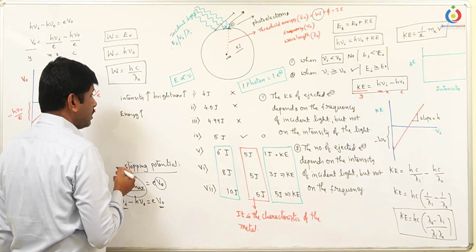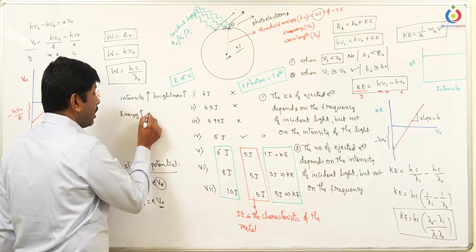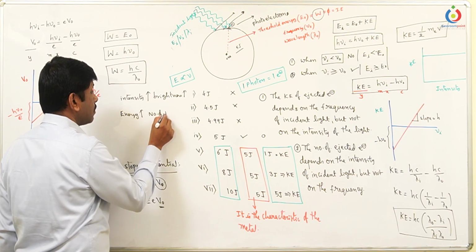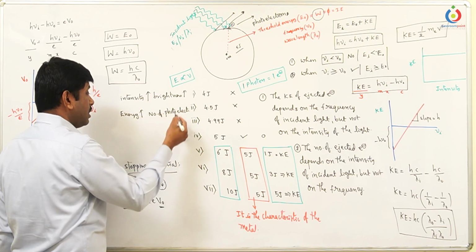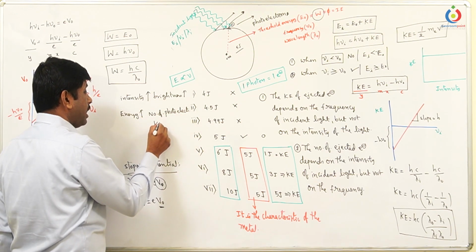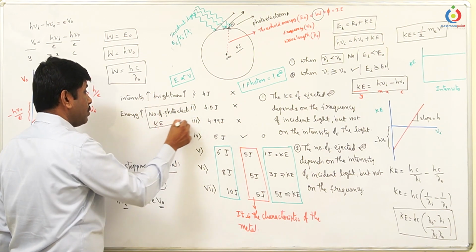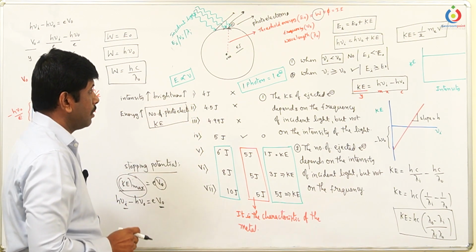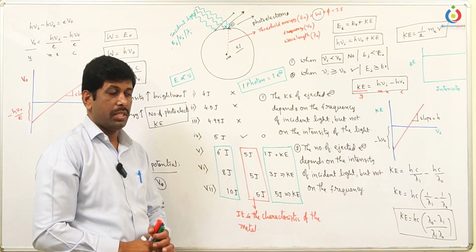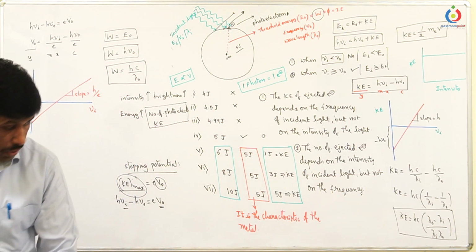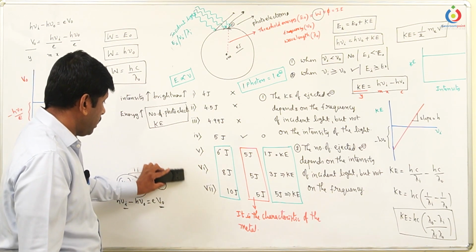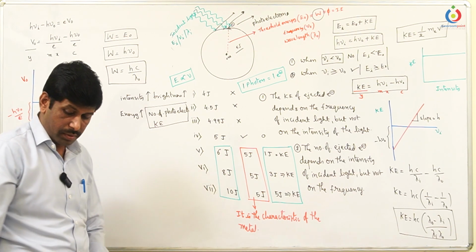When energy increases, it says that the number of photoelectrons released increases, along with the kinetic energy associated with the photoelectrons. So this is the information classical physics has given. How was this phenomenon proved wrong later? Let us see that here.